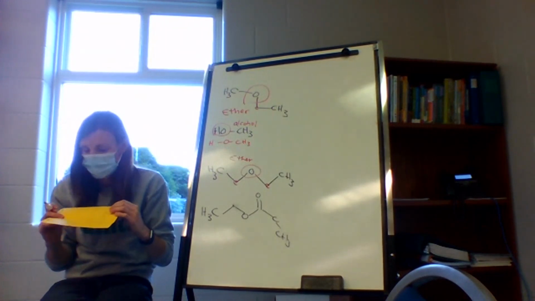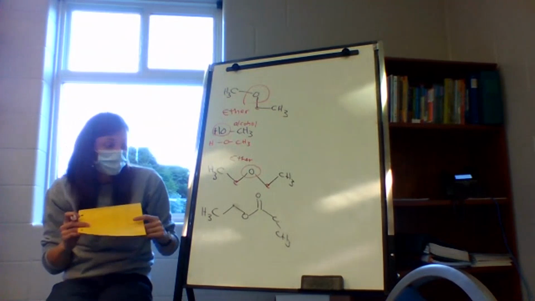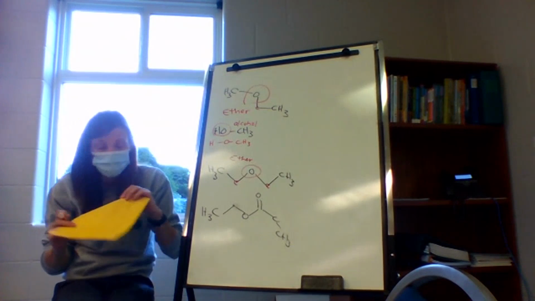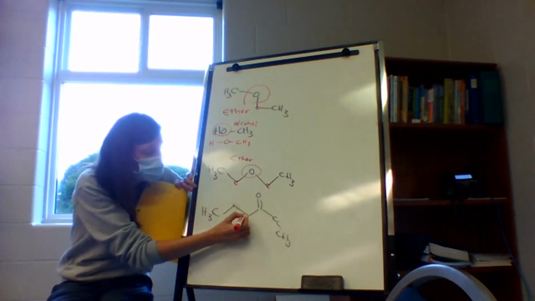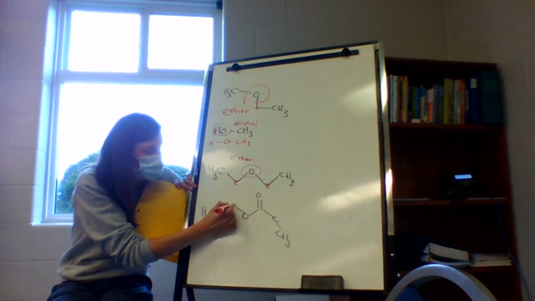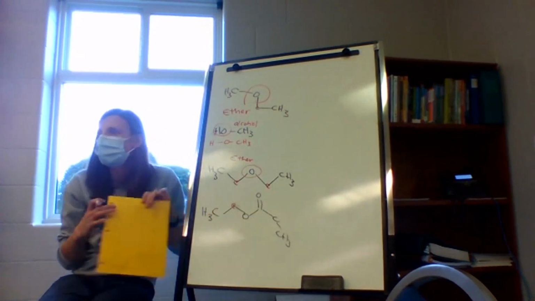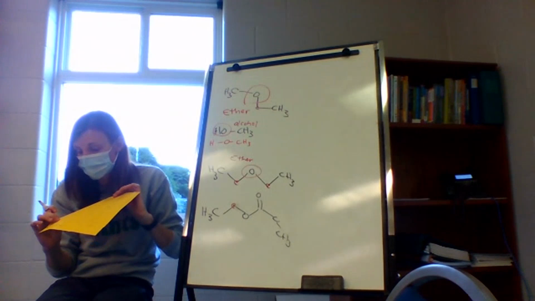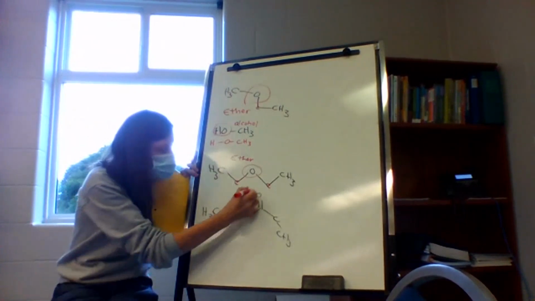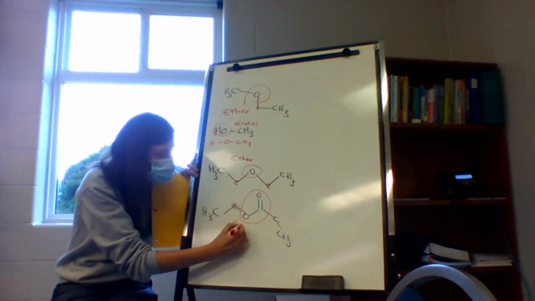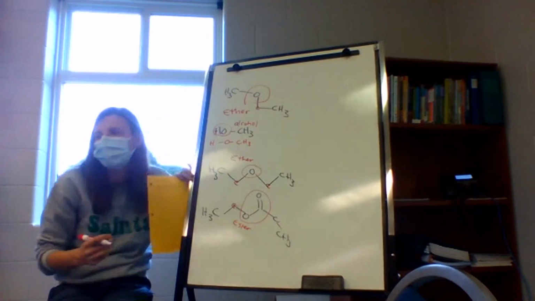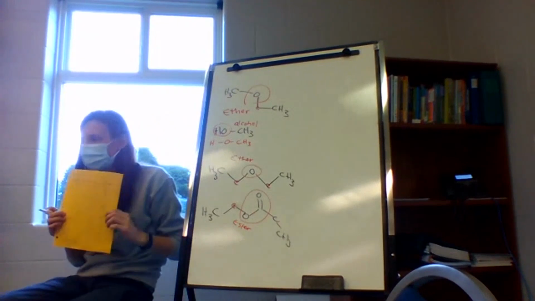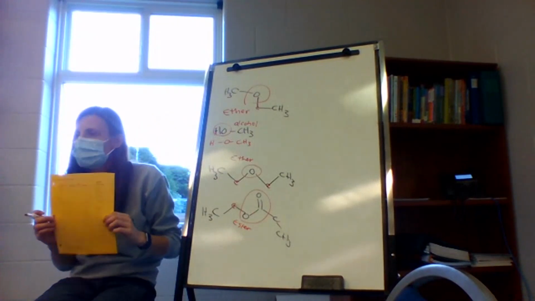Would it be carboxylic acid? Okay, so in order for it to be a carboxylic acid, you're right, we've got double bonded O, single bonded O, but this goes to a carbon and this goes to a carbon, not an H. So it's not quite. It's the one below it, the ester. So we'd circle this whole piece and call it an ester. Weird names, I know, there's some strange ones out there.